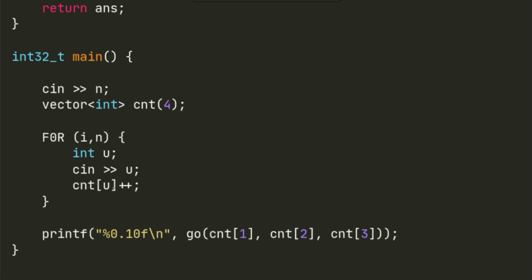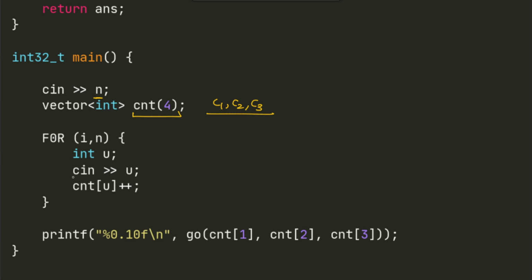First of all, we are going to input n, and these are the counts C1, C2 and C3. As we saw in the explanation, we take an input, the value that is present on the ith dish, increment its count in the variable C1, C2, C3, and start off by finding out the expected value for C1, C2 and C3 in the same manner.